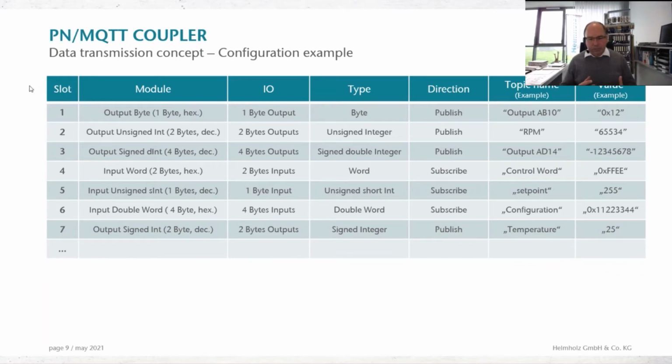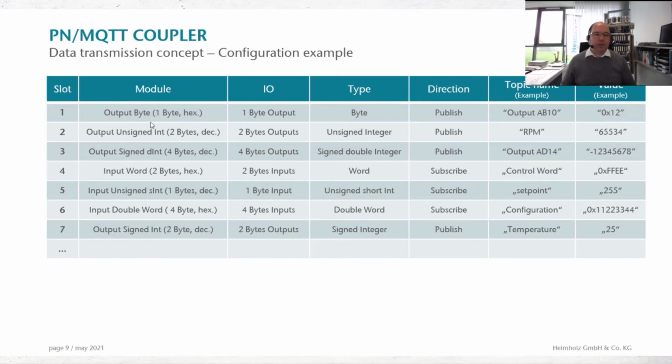And as you know, if you configure stuff in a Siemens PLC with a TIA portal or even with the old Simatic manager, you put in the device like the MQTT coupler, and then you have all these slots. And in these slots you can plug in modules. And this is how we organized it. You can plug in modules in these slots of the MQTT PROFINET configuration. And there are different modules available for different needs.